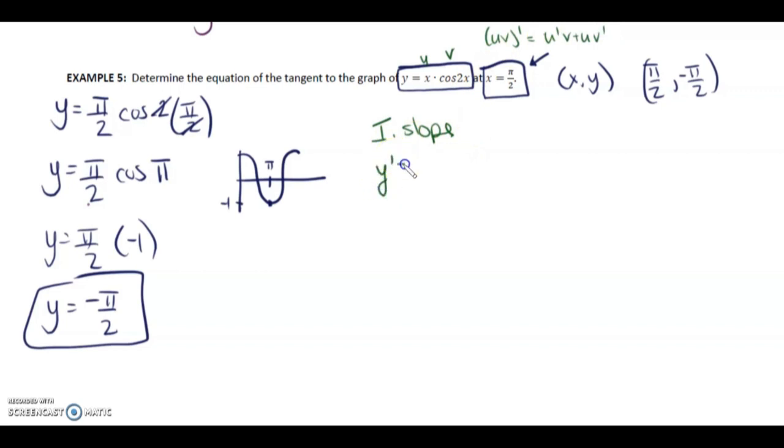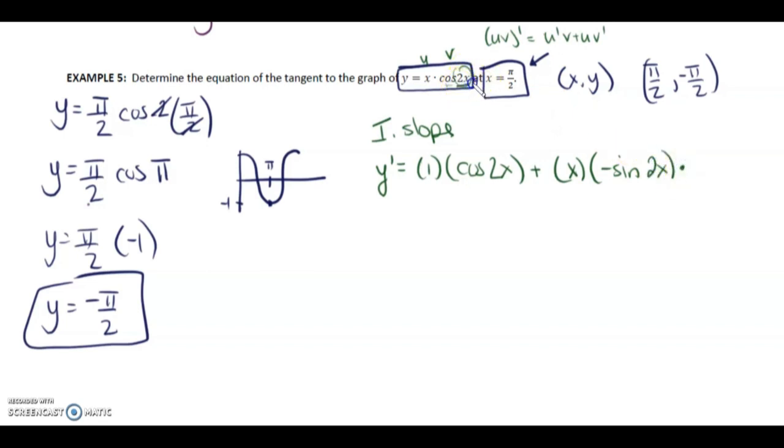So y prime is the derivative of u, the derivative of x is just 1, and then v as it is, cos 2x, plus u as it is, which is x, and then v prime. The derivative of cos is negative sine. We're going to write the 2x as it is, and then we're going to chain rule it.